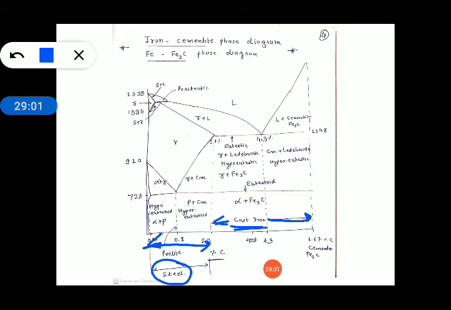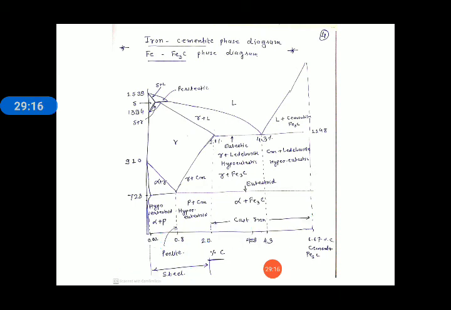So if the carbon percentage in the alloy is up to 2 percent, the material is known as steel, and more than 2 percent carbon is known as cast iron. Okay, so up till now, this is the iron carbon diagram.